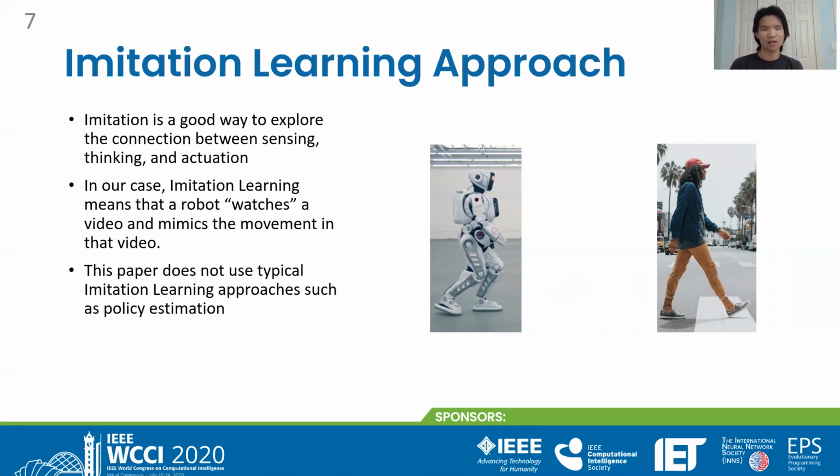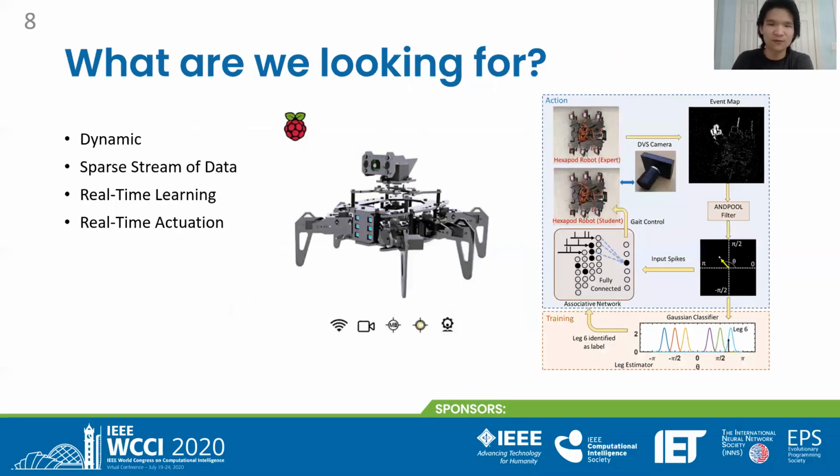And to be clear, the paper does not use the imitation learning techniques that have been used in the past, which involve a lot of reinforcement learning or a lot of policy estimation. We take on a much more bio-inspired approach to imitation learning. So we want our agents to be able to process this data as they are learning.